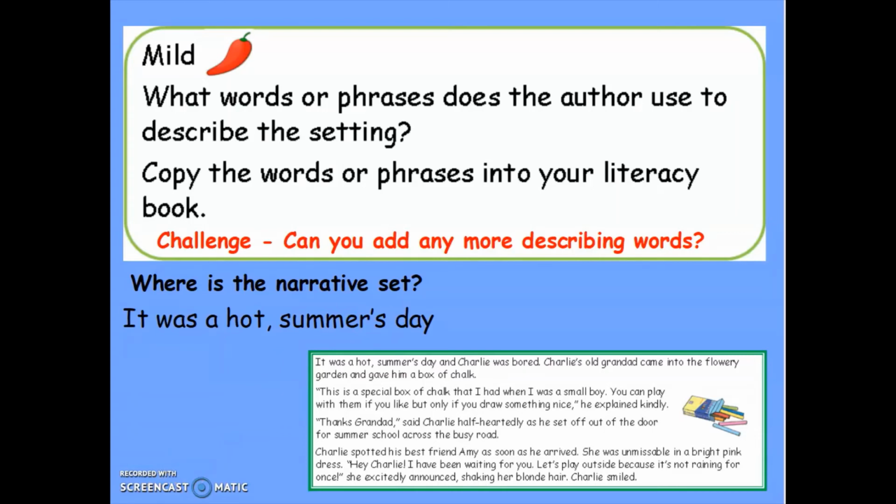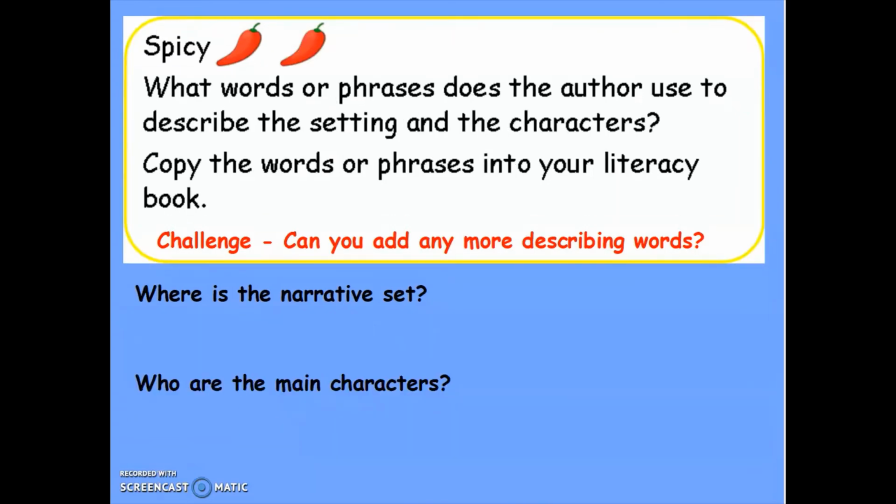As a challenge, could you add any more describing words, any more adjectives to describe the setting and improve this writer's work? For today's spicy challenge, I want you to look back over the story and try to find words or phrases to describe the setting and the characters.